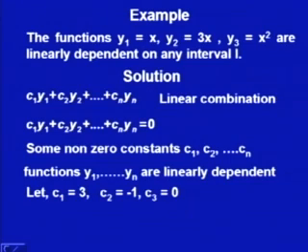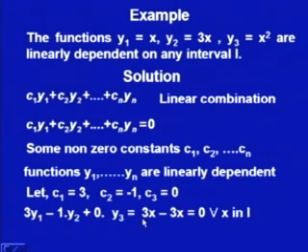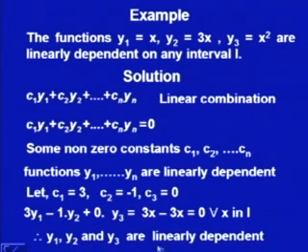Now, C1 y1 plus C2 y2 plus C3 y3 is 3 times x minus 3 times x, which is equal to 0 for all x, whatever the interval I. That says the linear combination is 0 with non-zero constants, namely 3 and minus 1. Thus we conclude that y1, y2, y3 are linearly dependent.